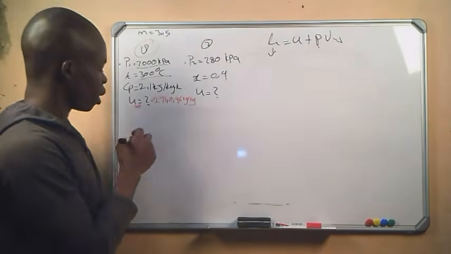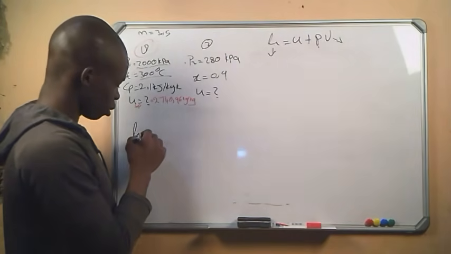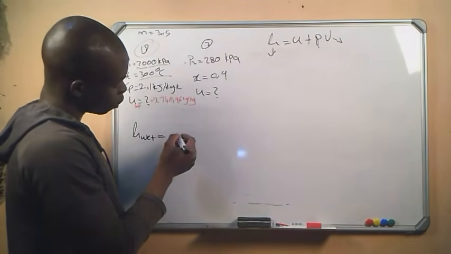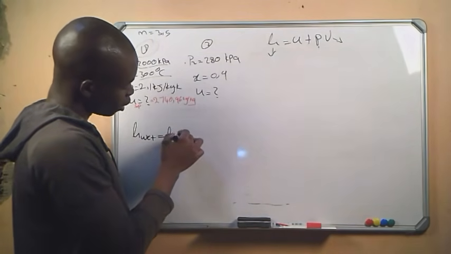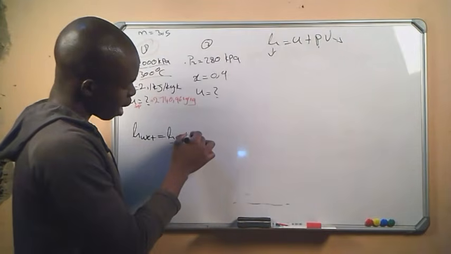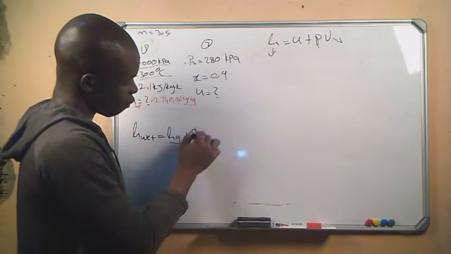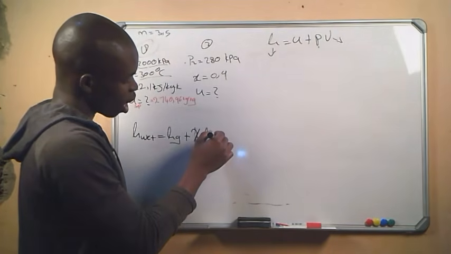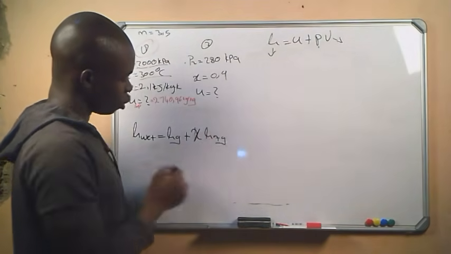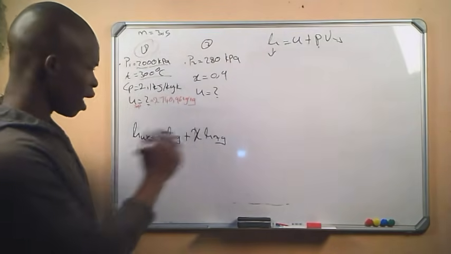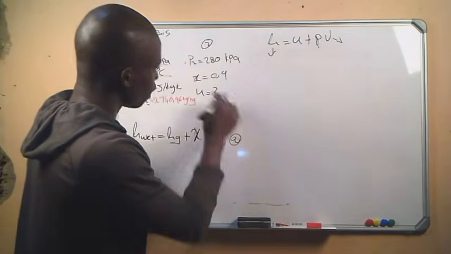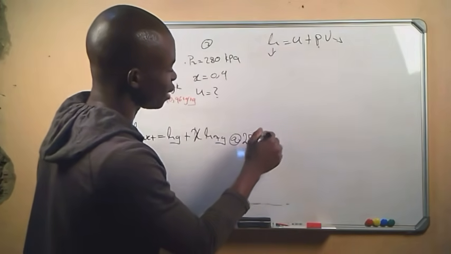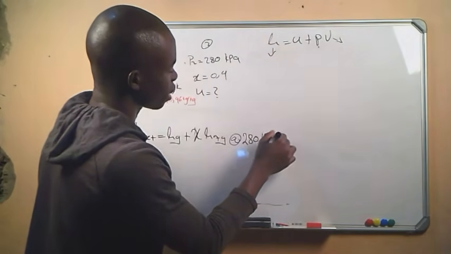And then we say H of wet steam equals Hg plus our dryness fraction times our Hfg at the pressure of 280 kilopascal.